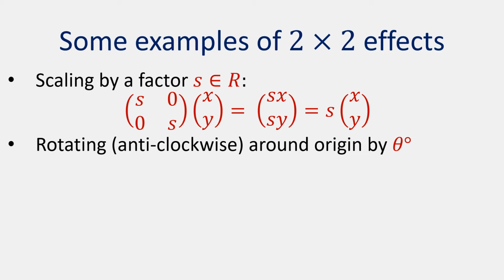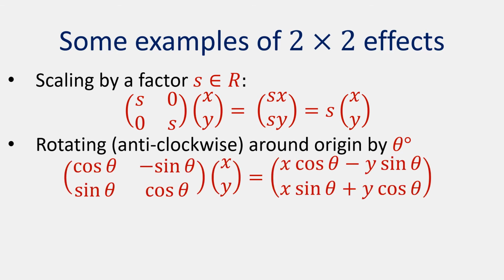Suppose we want to show the outcome of rotating a point anti-clockwise around the origin by some angle. We can do that by using this 2x2 matrix here and basic trigonometric operations.